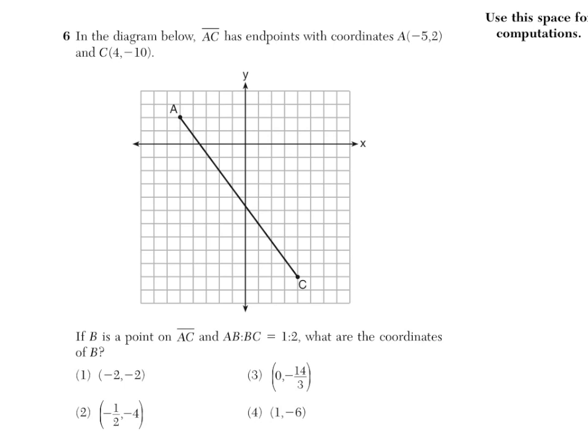We've got part 1, part 2, part 3, and B is situated where it splits up this segment into a 1 to 2 ratio. That means that B is going to be splitting it up right here, right? And if we back out in a moment like this, where is this? This is 1, 2, 1, 2. So this is -2, -2. Is -2, -2 an option? It sure is.